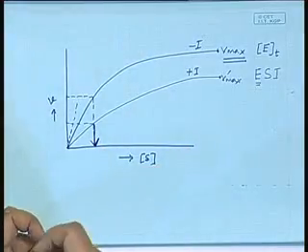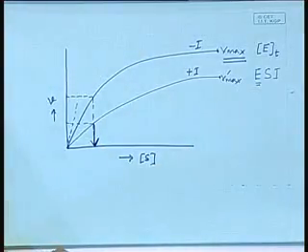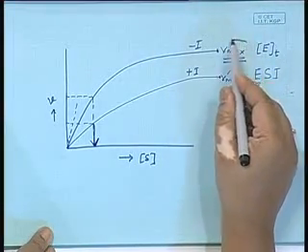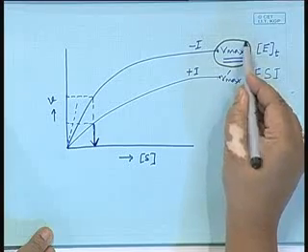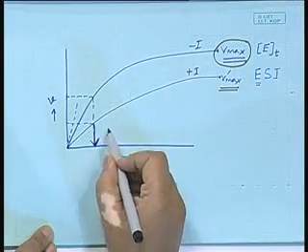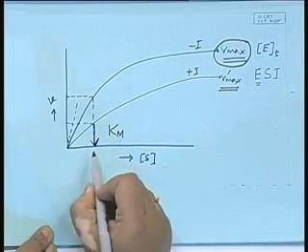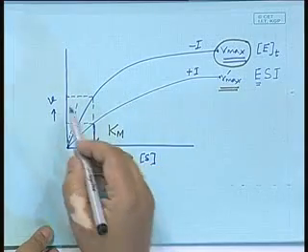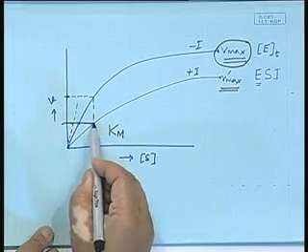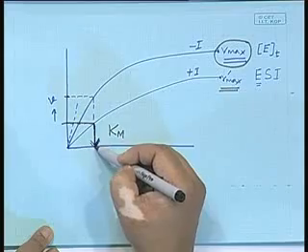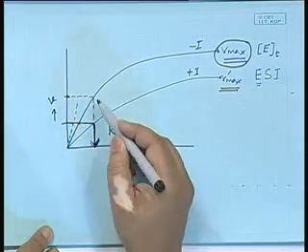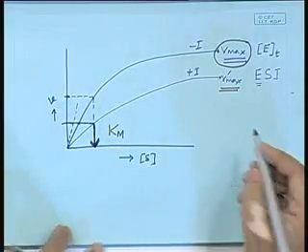So what happens in this case is that the Vmax that could be attained for an uninhibited enzyme is not reached, but the Km value, which is half of the Vmax and half of this Vmax, this is where we have the inhibitor, this is where we have no inhibitor. So this is usually the same.